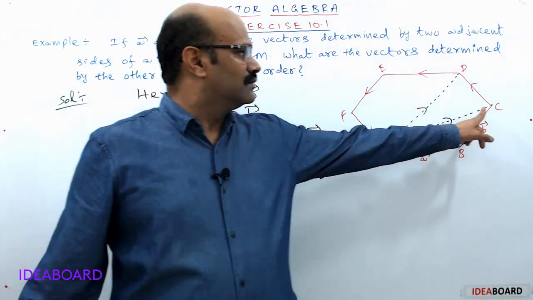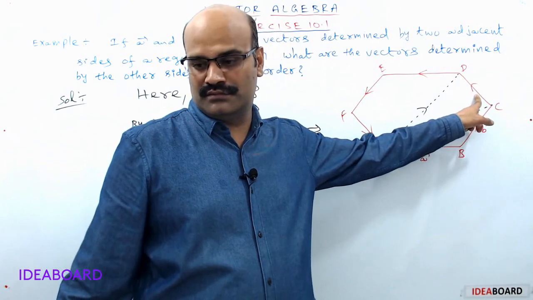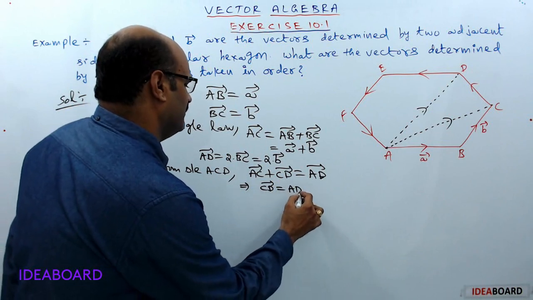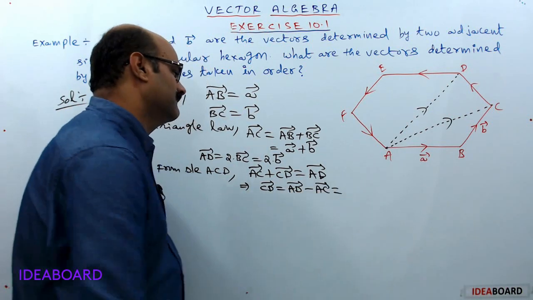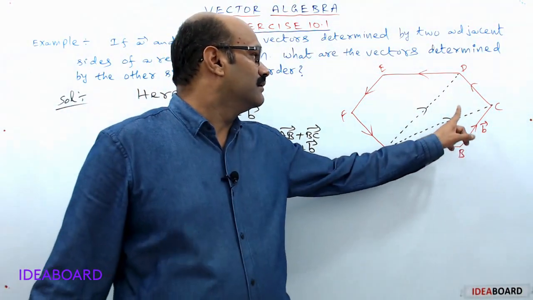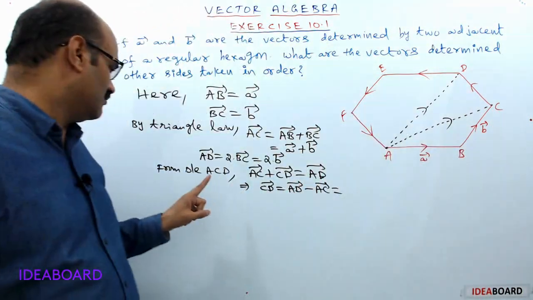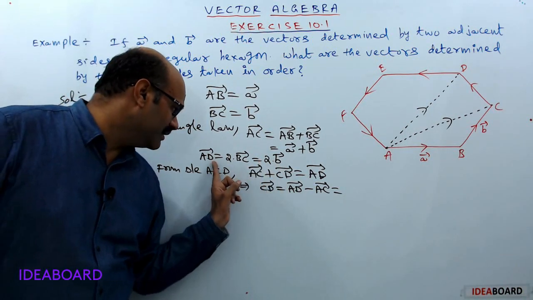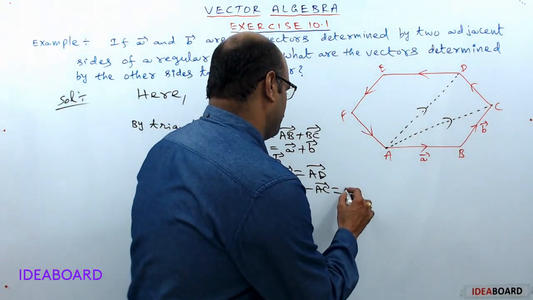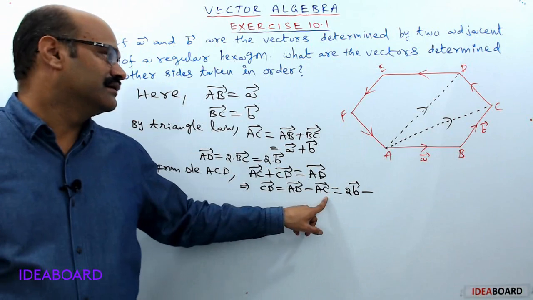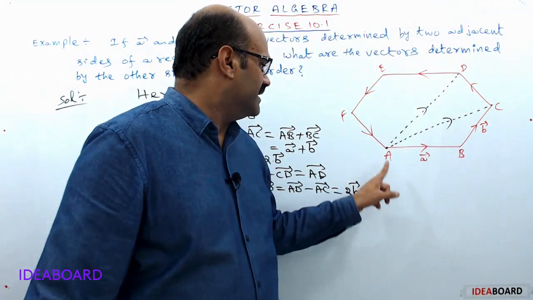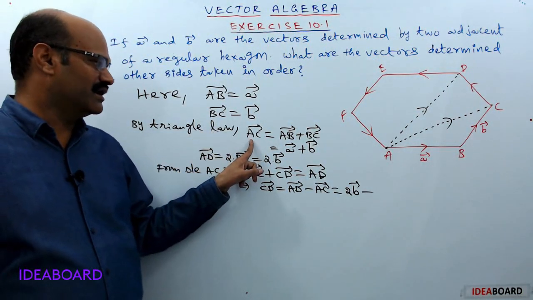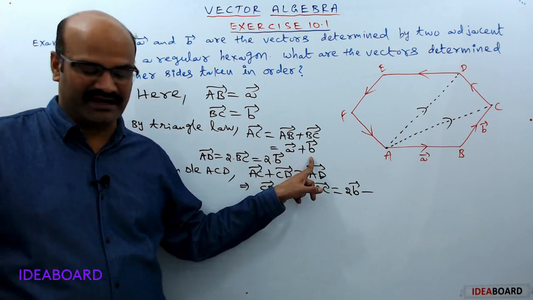So to find the CD vector, CD vector equals AD vector minus AC vector. AD vector we already have as 2B vector, minus AC vector, which by triangle law we got as A vector plus B vector.